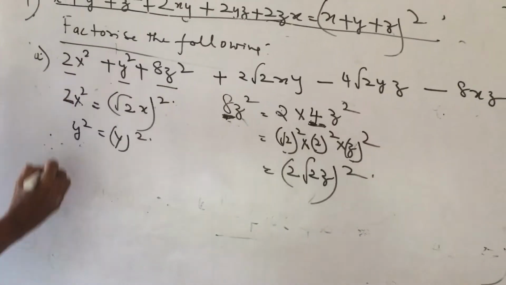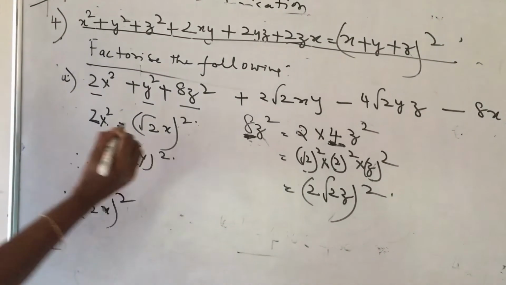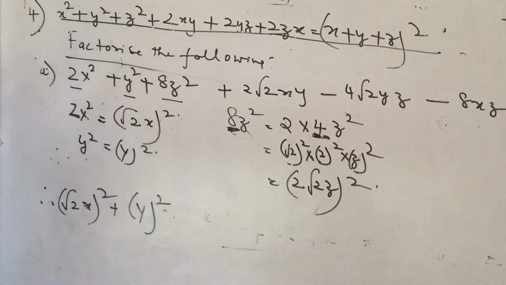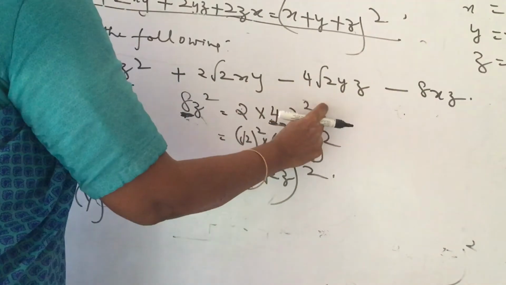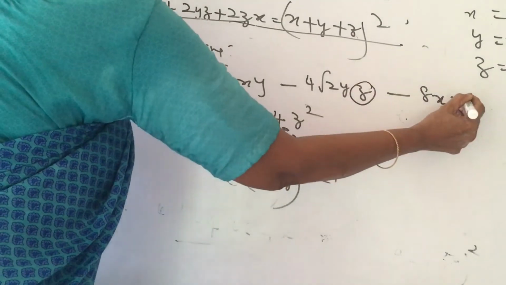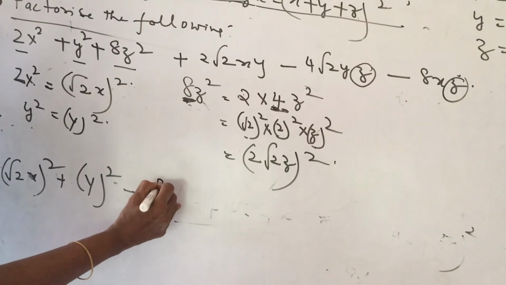Therefore, what is the first term? As a square, (root 2x) the whole square. Second term, y the whole square. Which terms are negative? Last two terms. In these last two terms, what is the common variable? Z. So your z term is negative.